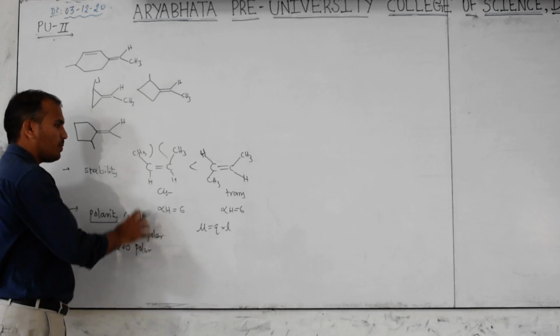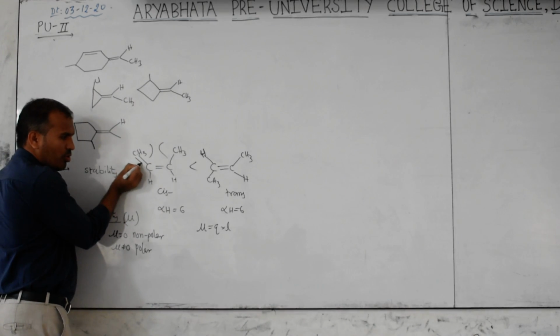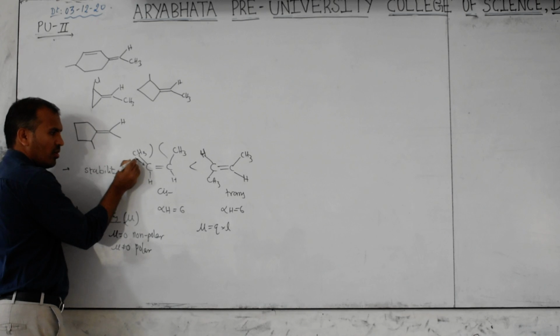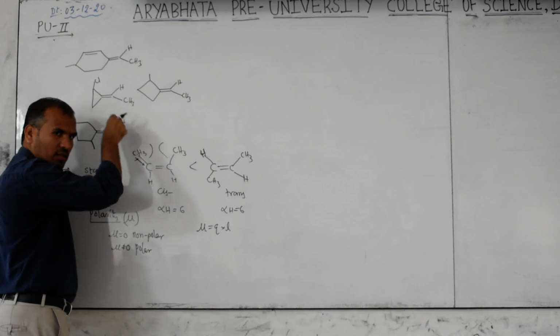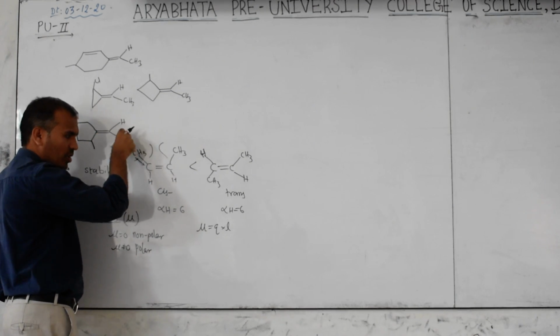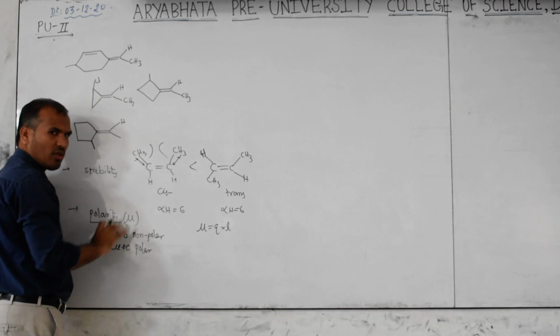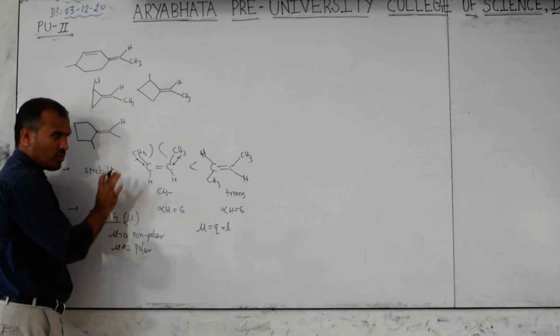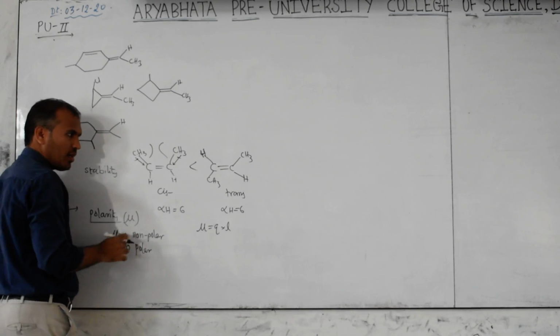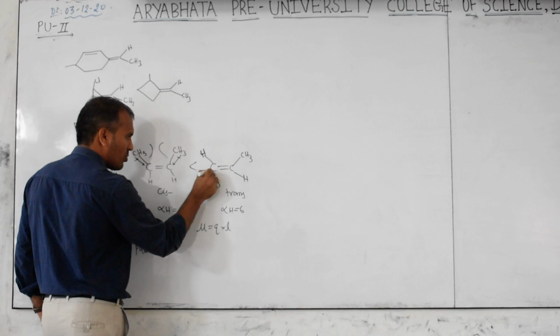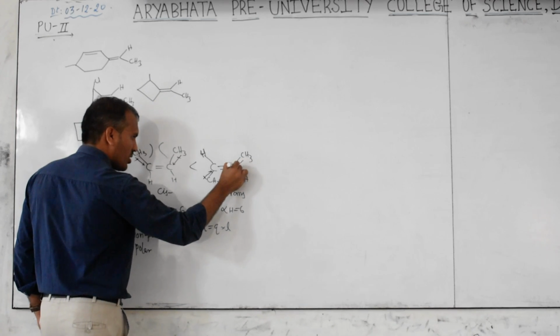Now the methyl group is a donor group. Its vector is towards the carbon. Here also towards the carbon. Hydrogen is not that much a donor or withdrawing group, so it is represented with respect to CH3 only. This will be towards the carbon, this will be towards the carbon.